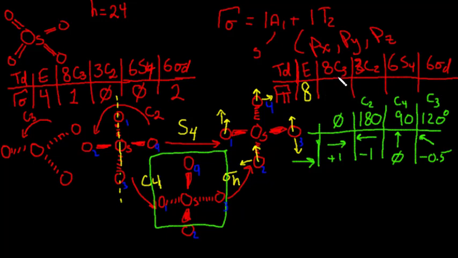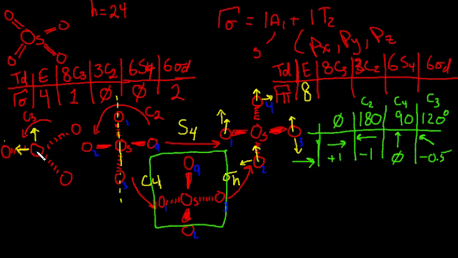Next, if we do a C3 rotation, we can go back to this diagram that we drew earlier and take a look at the vectors. So for example, if we're looking at a vector that is parallel and a vector that is perpendicular, it doesn't matter for the outside oxygens because these oxygens actually move with the C3 rotation.